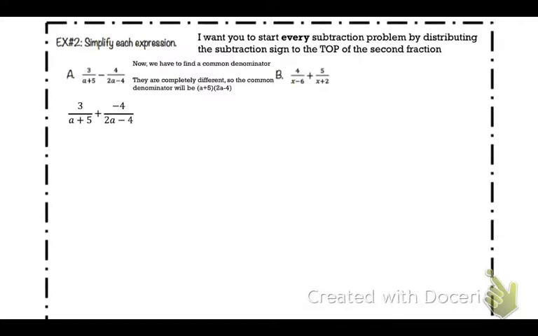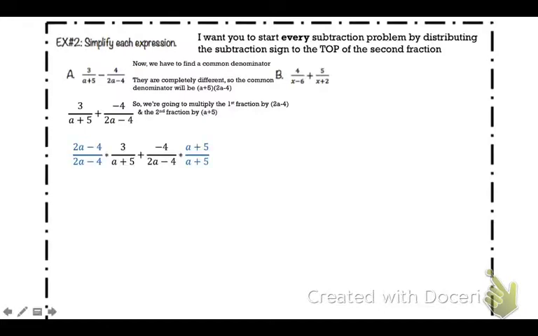Okay, so I'm going to multiply the first fraction by 2a minus 4 and the second fraction by a plus 5. Okay, so I'm just multiplying that first fraction by 2a minus 4 to top and bottom, second fraction by a plus 5 to top and bottom. When you multiply that out, you get 6a minus 12 over a plus 5, 2a minus 4, plus -4a minus 20 over a plus 5, 2a minus 4.